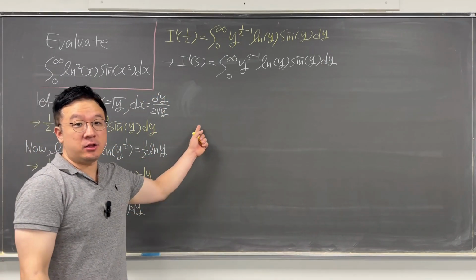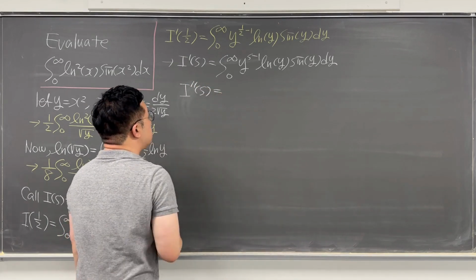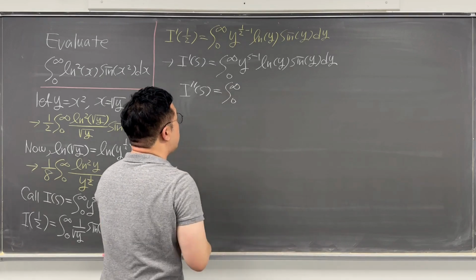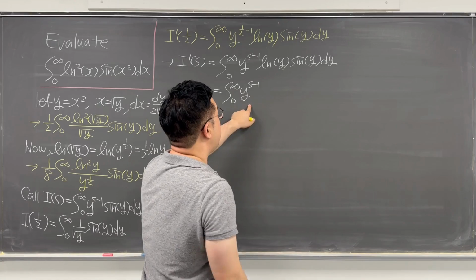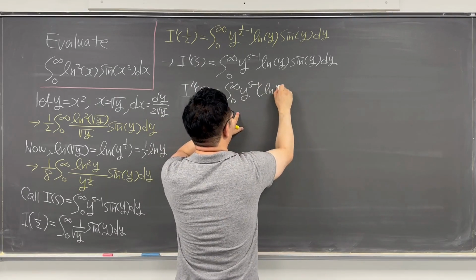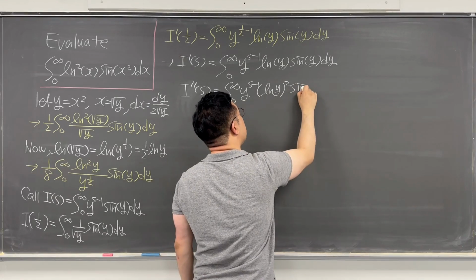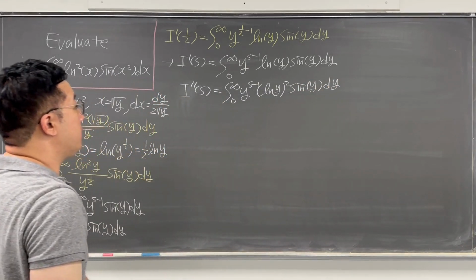Then how about I double prime? So I double prime of s is going to be the integral from 0 to infinity, where your integrand is still y to the power of s minus 1, times ln y entire thing squared, times sine of y, and then we have dy.